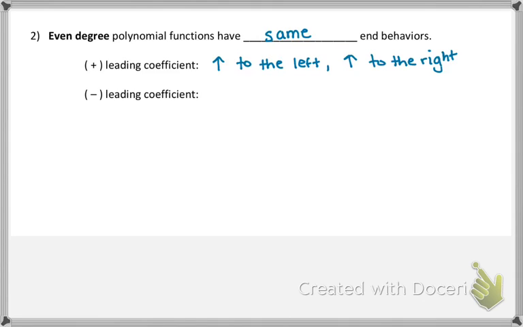And if the leading coefficient was negative, you have a parabola that opens down, and it would go down to the left and down to the right. And your parabola is y equals x squared, and that's why it's an even degree polynomial.